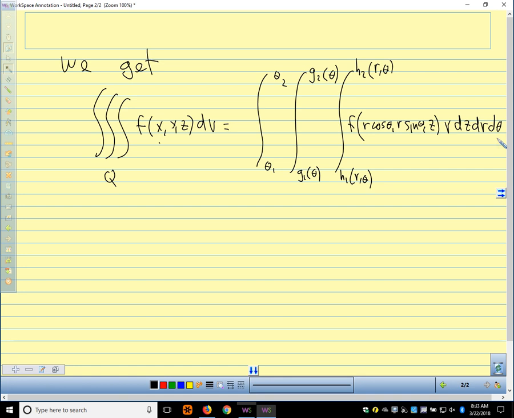So theta varies from theta 1 to theta 2. r varies from g1 of theta to g2 of theta, so we could have r as a function of theta. And z is some function of r and theta to some other function of r and theta. And we always have this r in here. So the outer double integral corresponds to our double integral in the plane in polar coordinates.